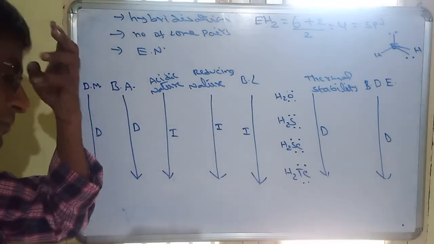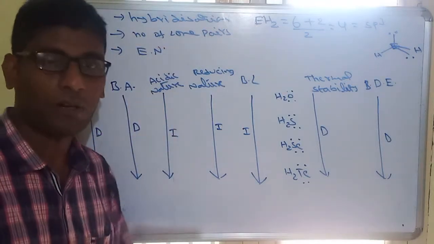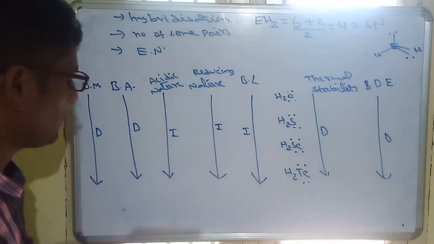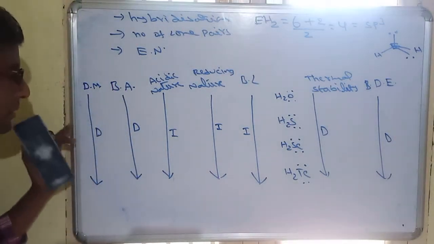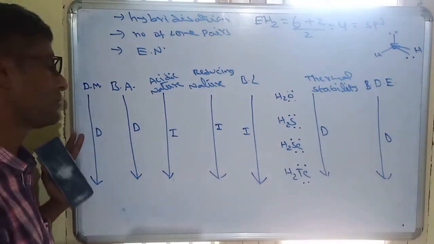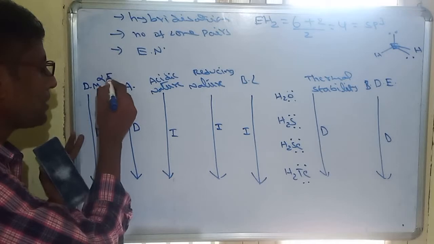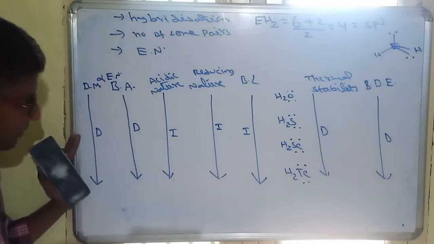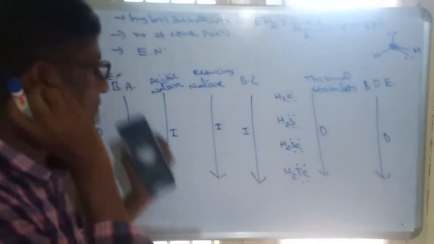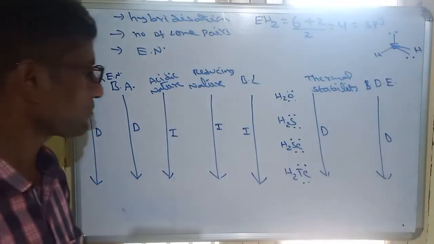Remember this also. Same with dipole moment: dipole moment is charge into distance, so it is also directly proportional to electronegativity and decreases top to bottom. So all these are important properties of 16th group hydrides.